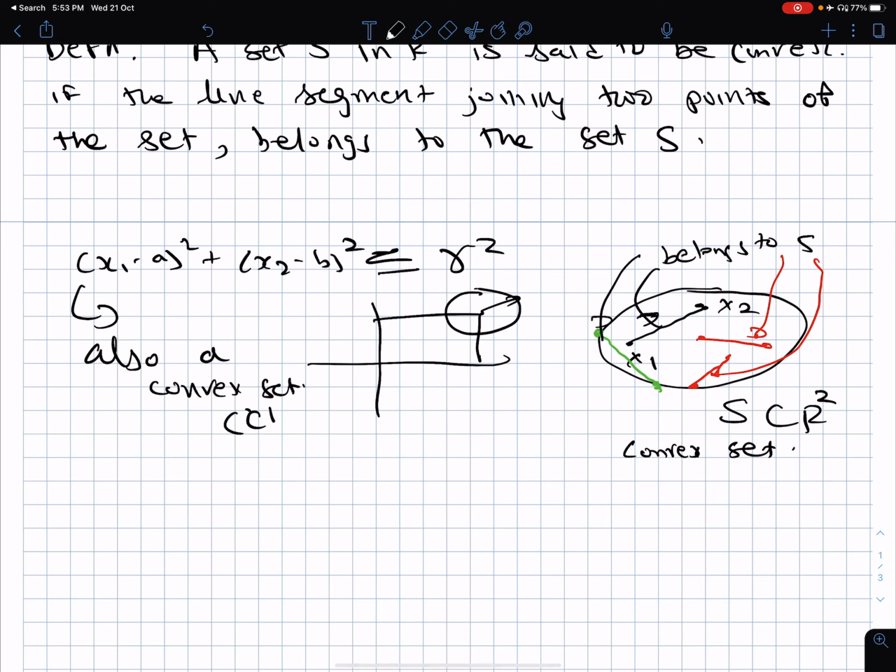Now this is incidentally a closed set also, is it not? So let me make it open. So I will make it strictly less than r square.